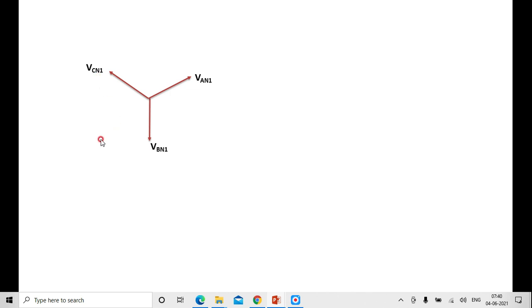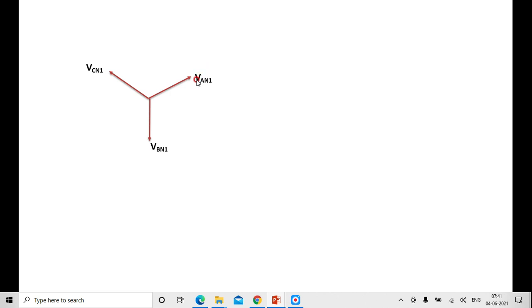Then if I am interested in the line voltage, that is, the voltage between A and B, how do we find the line voltage between A and B? That is VAN minus VBN, which gives VAB, the line to line voltage in the star connection.